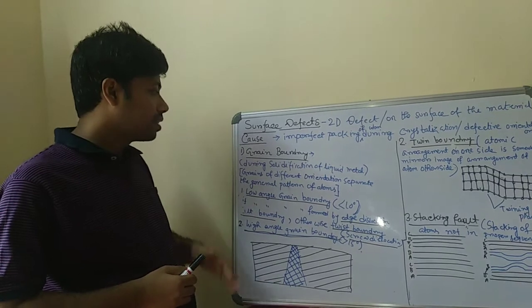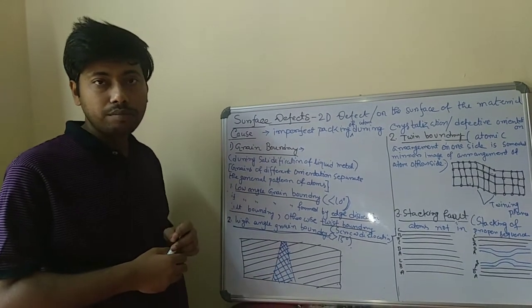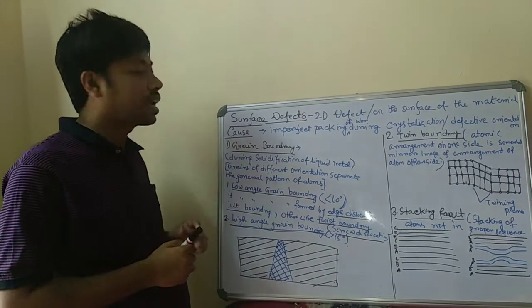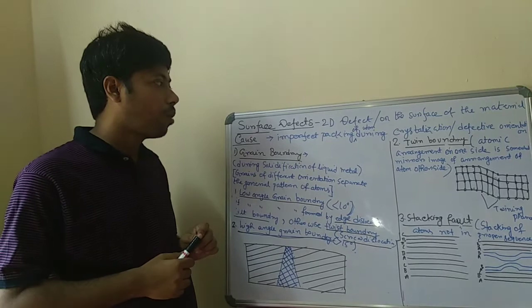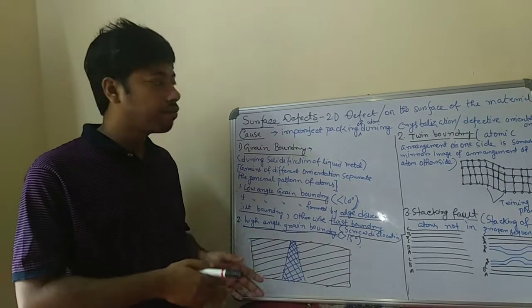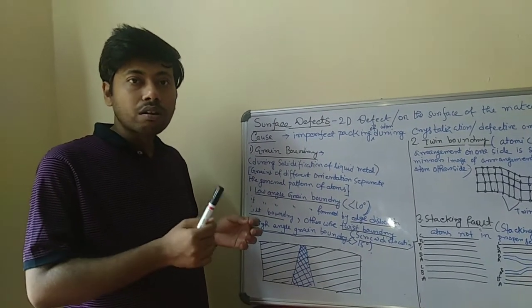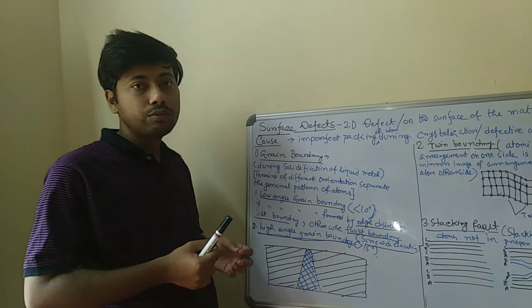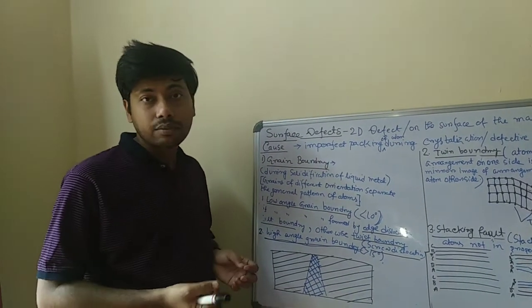Now, what is the main cause of the surface defect? First, the main reason is imperfect packing of atoms during crystallization. So atoms are not packed in an orderly fashion. What is crystallization?